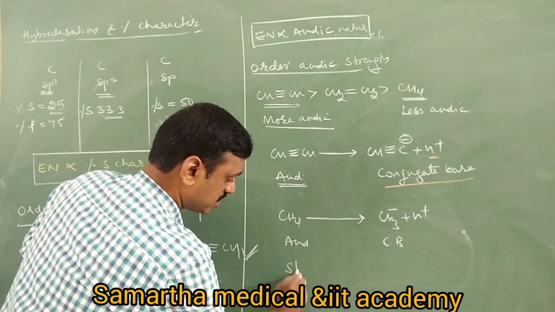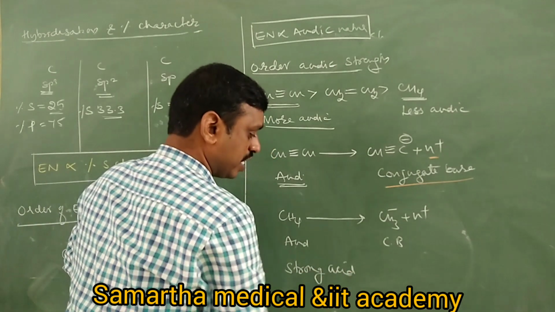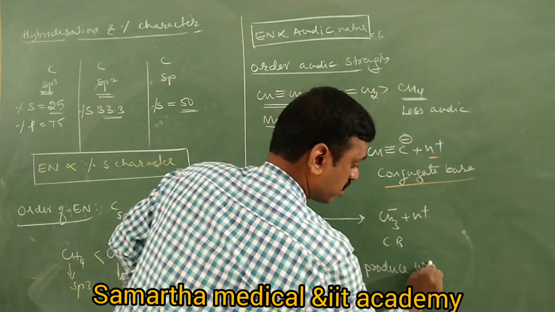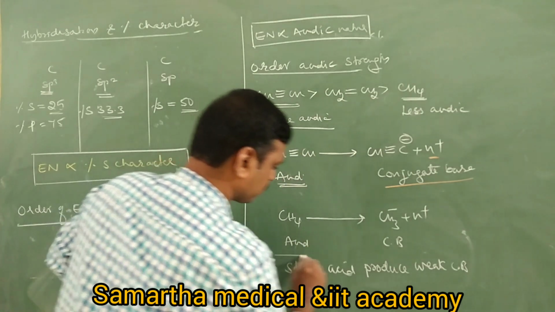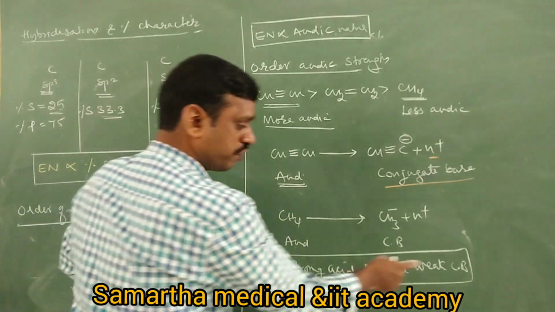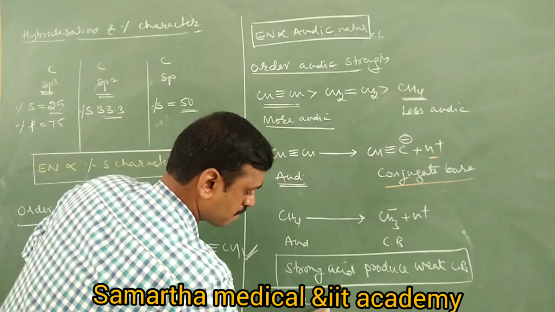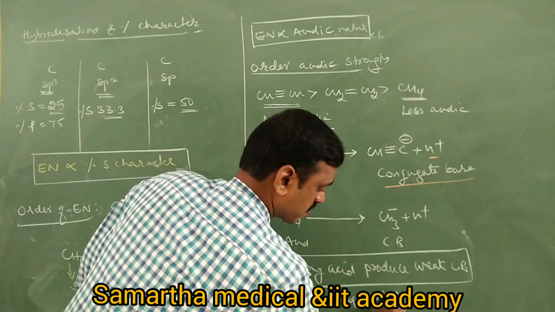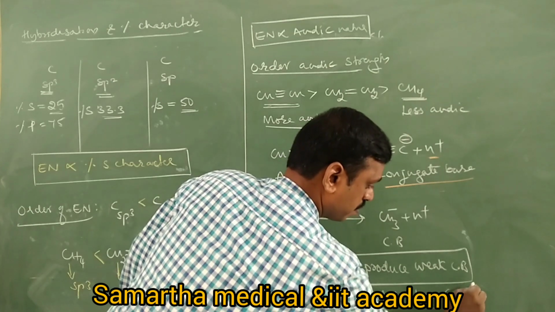So strong acid produces weak conjugate base, it's opposite. Right, strong acid produces weak conjugate base, weak acid produces strong conjugate base.